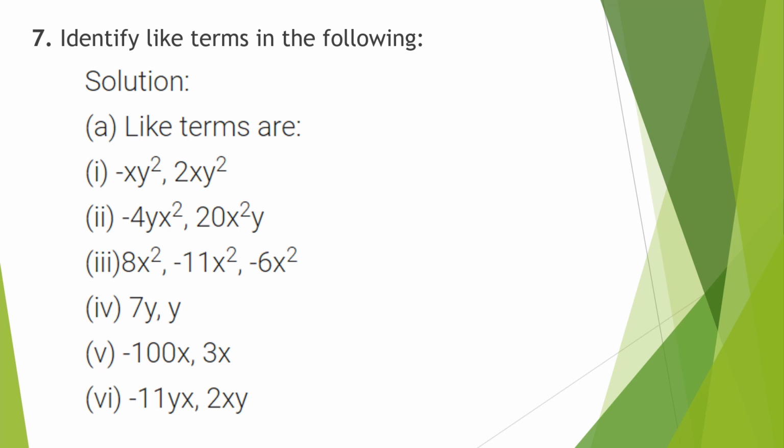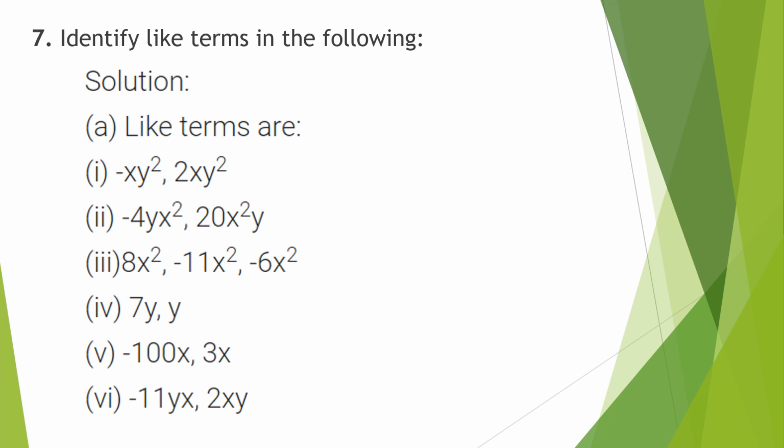Now we can group into like terms. So first we are taking xy square. So the terms are minus xy square and 2xy square. The second one is variables x and y only. Power of x is 2. Such terms are minus 4yx square and 20x square y. They are another pair of like terms.